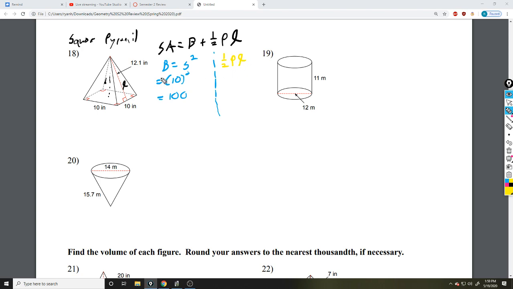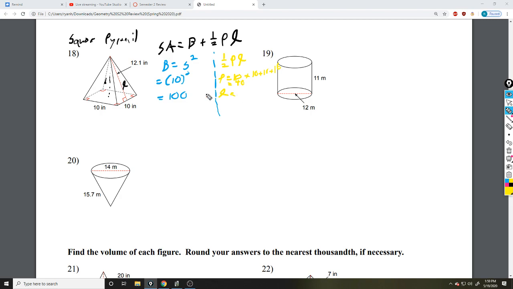This is what's called our lateral area. It's the area of all these triangles put together. Perimeter. Add up all the sides. They're all 10. 10 and 10 and 10 and 10. So that's 40.